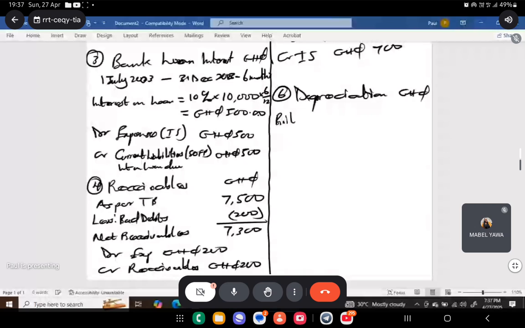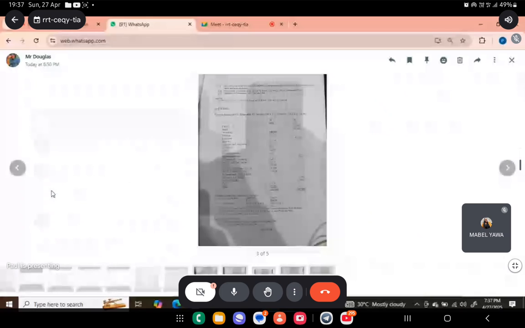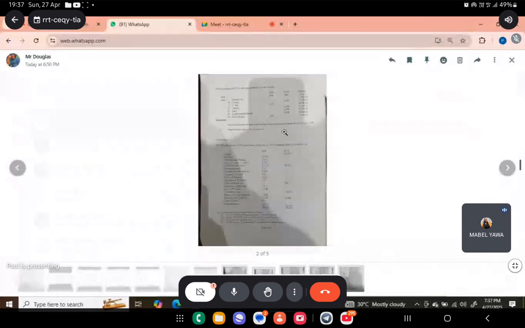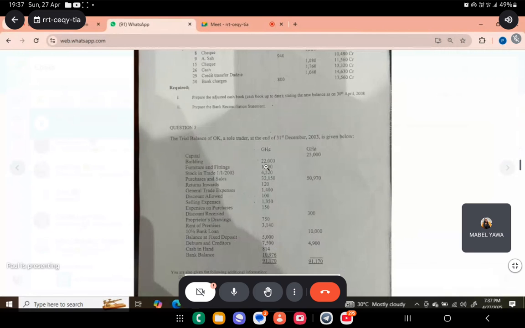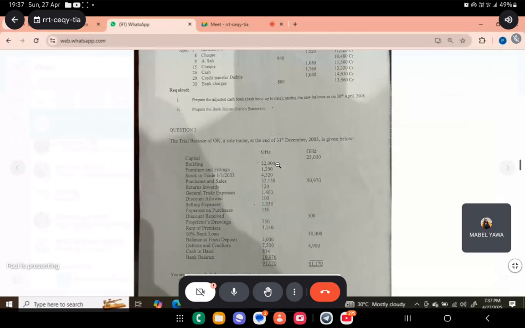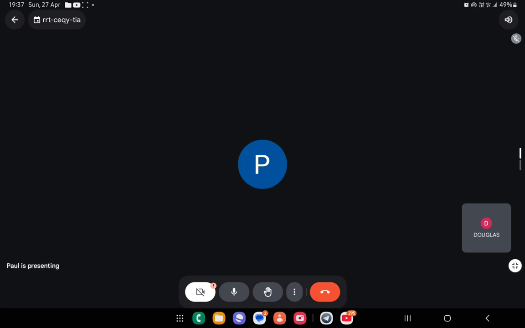So 5% of the cost of the building. This was the cost of the building: 22,000. Yes, 22,000. And furniture and fittings is 1,200. Let me write F and F, because it is 10% on 1,200.